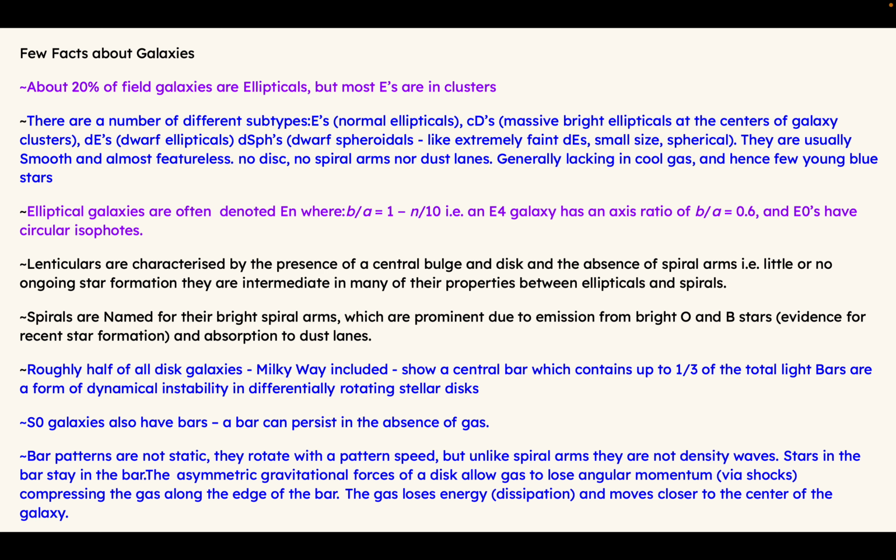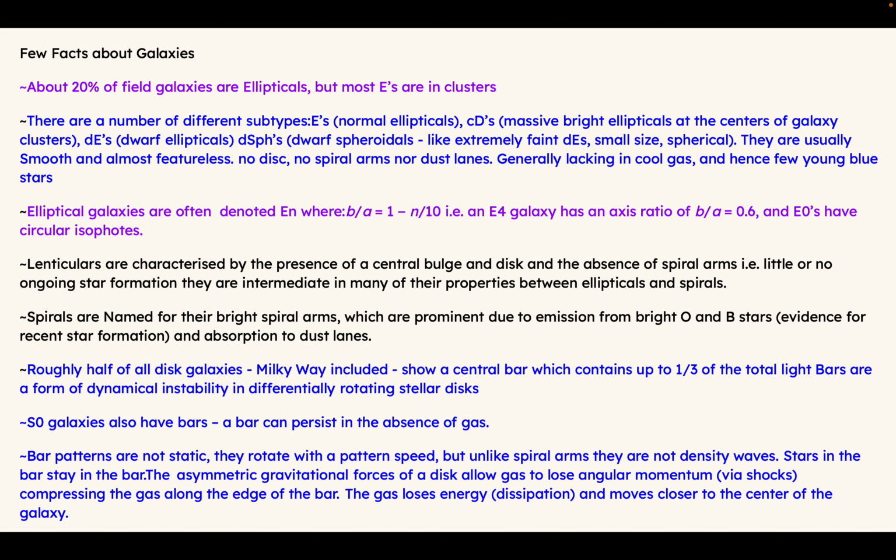The asymmetric gravitational force in the disk allows the gas to lose angular momentum, and the gas gets compressed along the edge of the bar. The gas now dissipates energy and moves closer to the center of the galaxy from the bar.